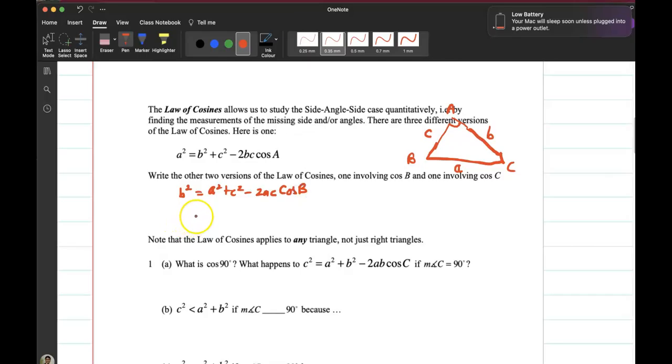And c squared is equal to a squared plus b squared minus 2ab cos C. Perfect.